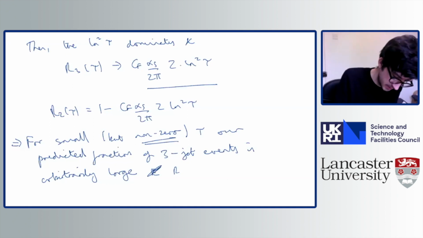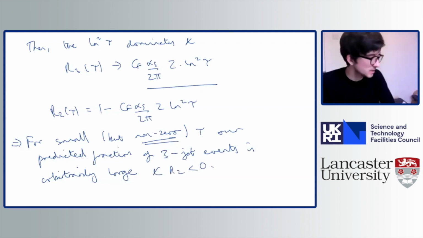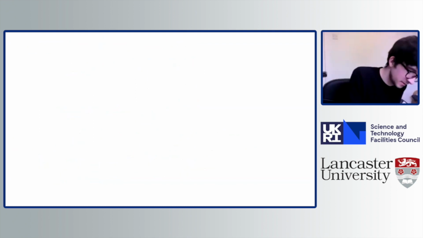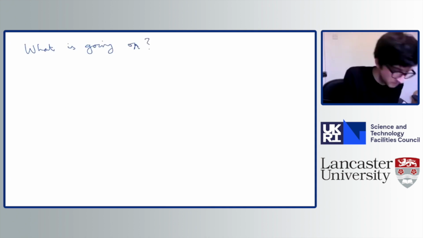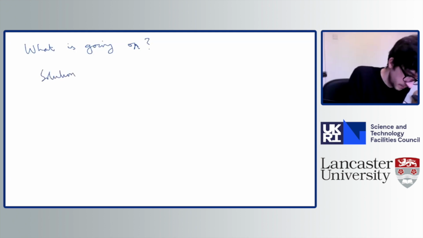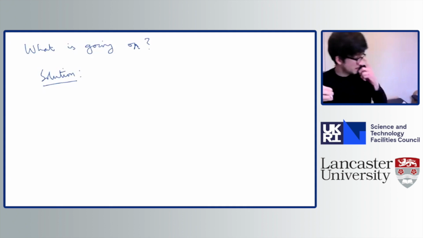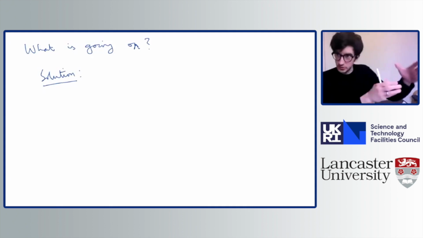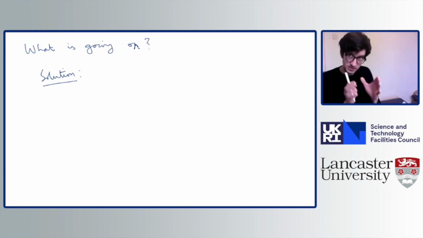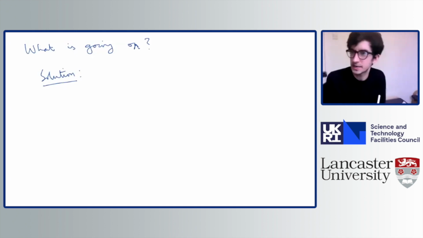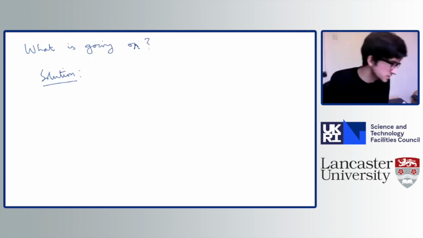And indeed, R2 is negative, so certainly nonsensical. So what is going on? Well, the solution, first of all, to emphasize: you include the virtual corrections and they will go into the 2-jet rate and everything will be finite. Nothing is infinite here. I'm just numerically taking tau to be small, but nonetheless you're getting answers that look nonsensical. So what's going on?